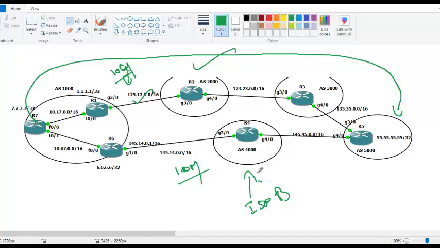But before that, if R6 needs to go via R1 like this, R6 should know that there is a route via R1, but it doesn't know.